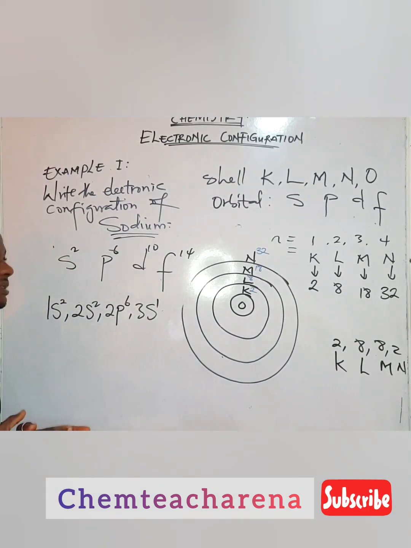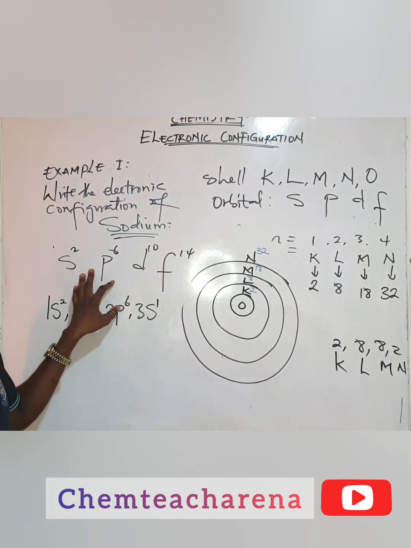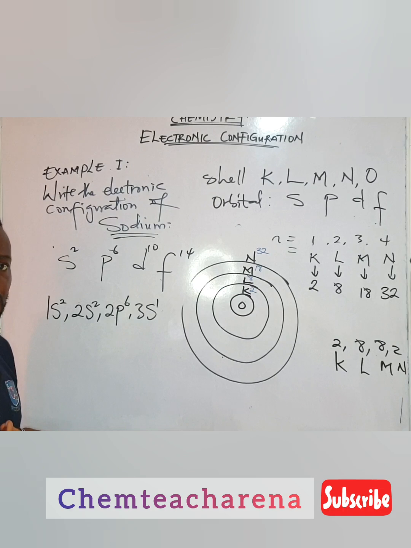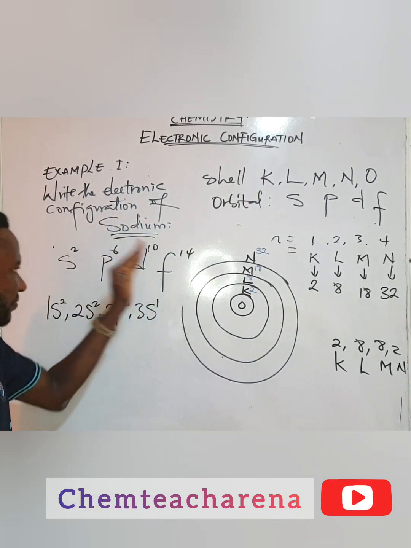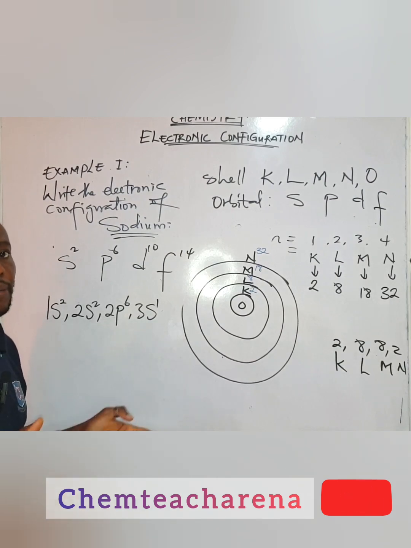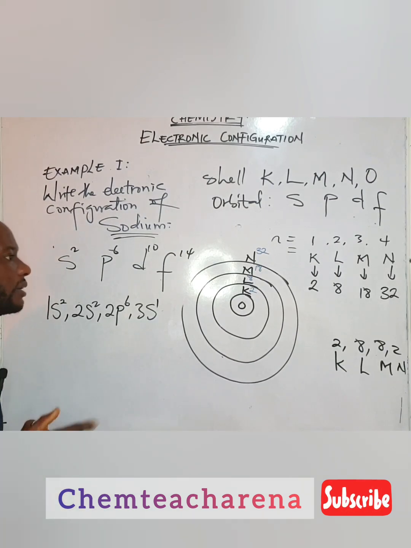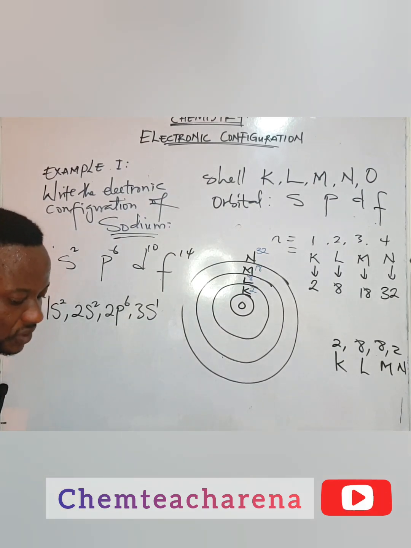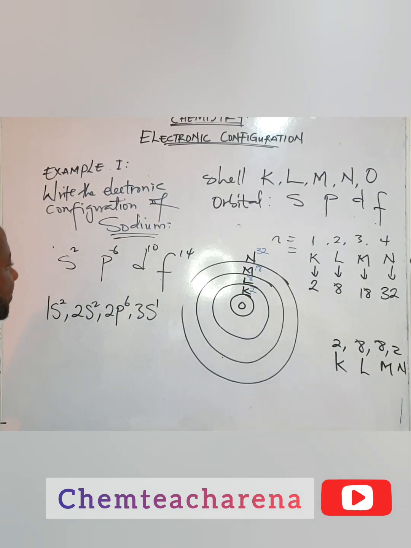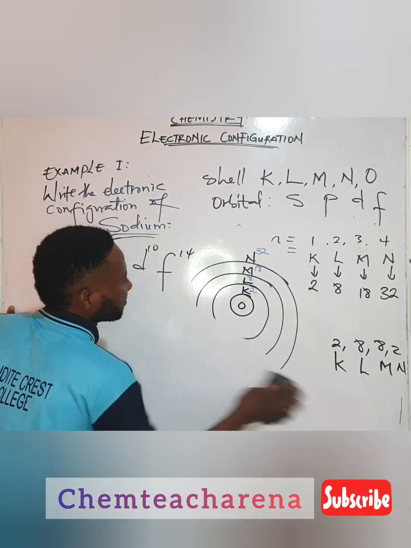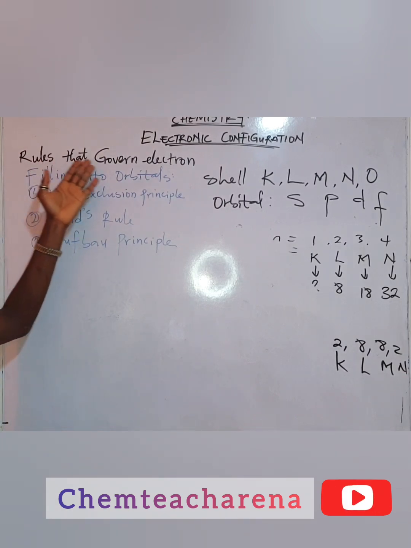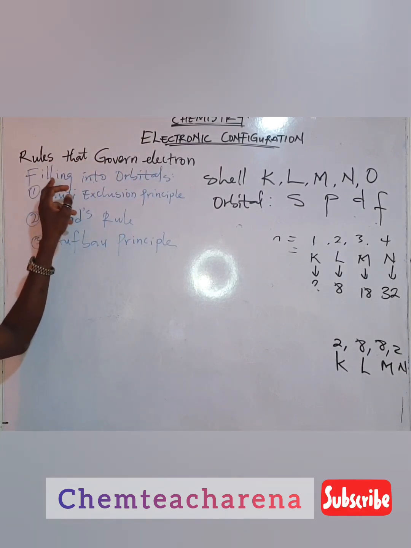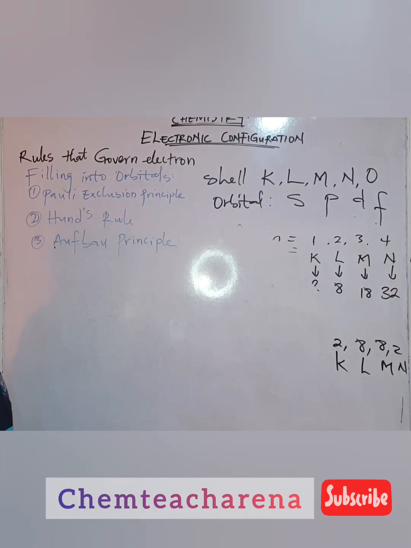Now, look at this. When filling electrons into the orbitals, this is the orbital, right? Now we have rules or laws that govern how you feed electrons into your orbitals. These rules are, number one, we have Hund's rule. We're looking at the rules that govern electron filling into orbitals.